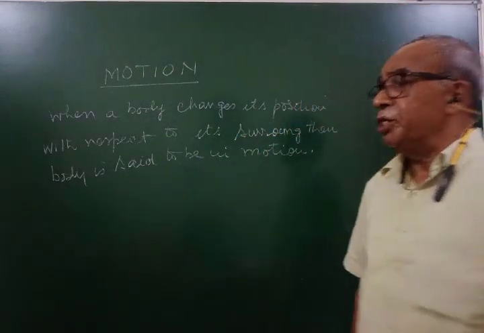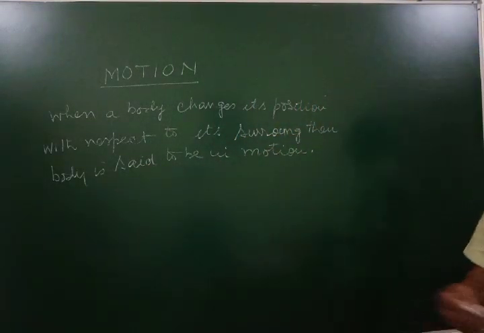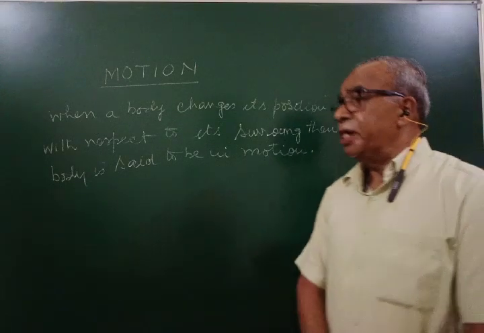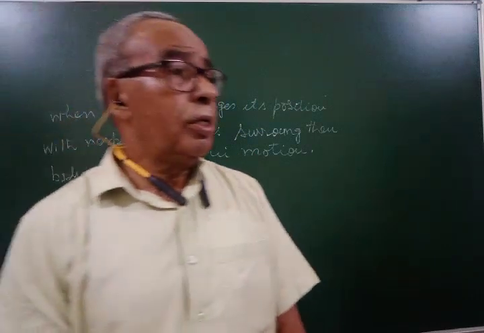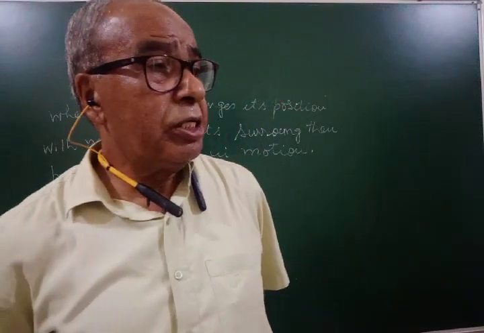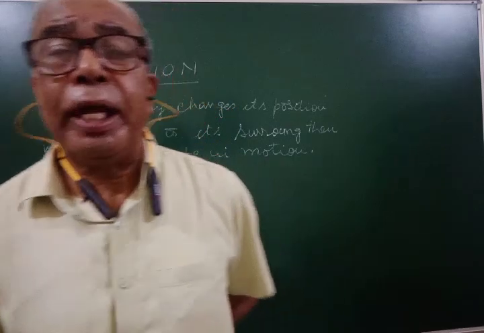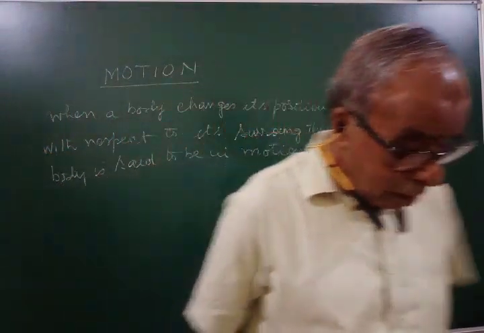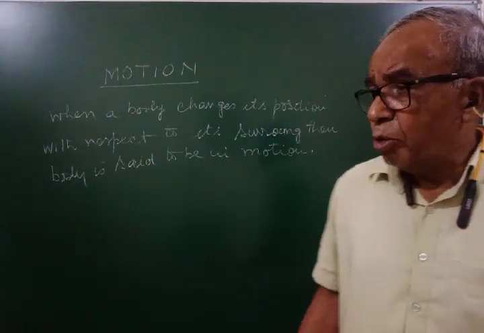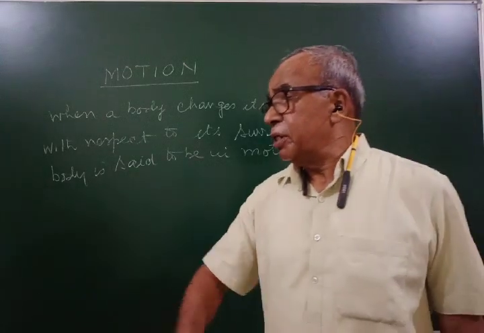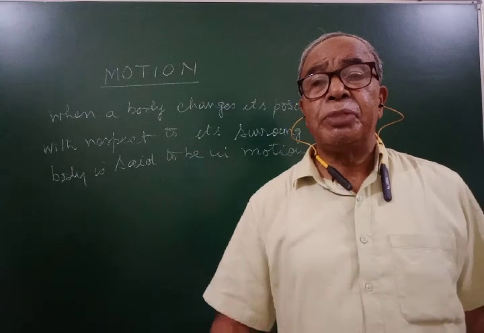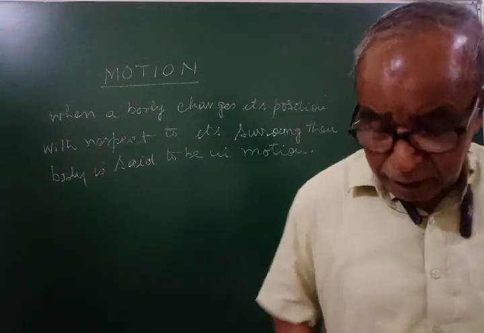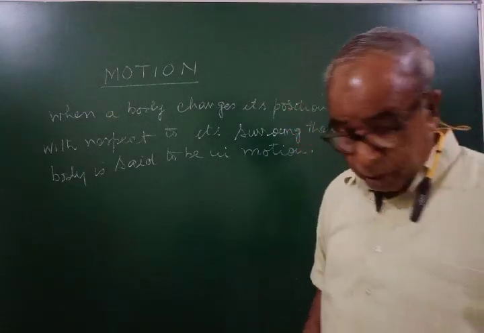When a body changes its position with respect to the surrounding, a train standing on a platform is supposed to be at rest or stationary if the position of the train does not change with respect to the platform or station. But when the train starts moving, the position of the platform starts changing relative to it, and hence we say it is in motion.